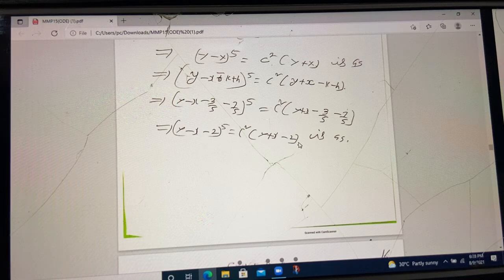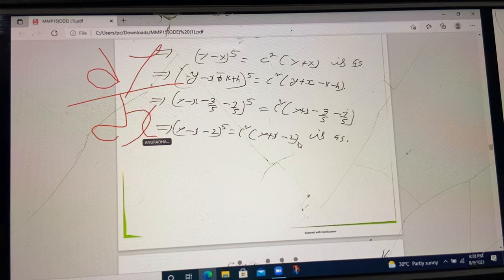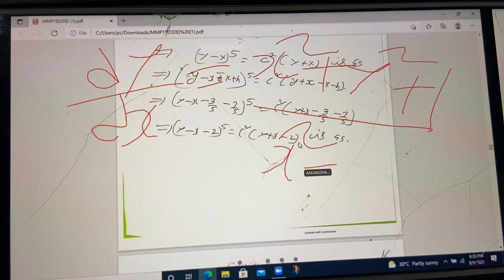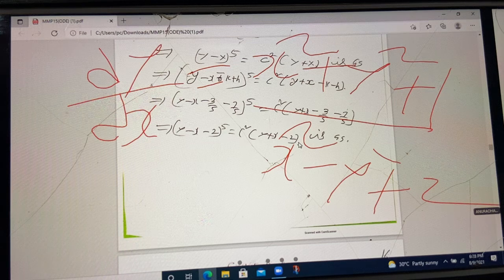For example, if I am having dy by dx equal to, for example, (x square plus y square plus 1) by (x square minus y square plus 2), then this equation is not homogeneous. Why? Because constants are there.